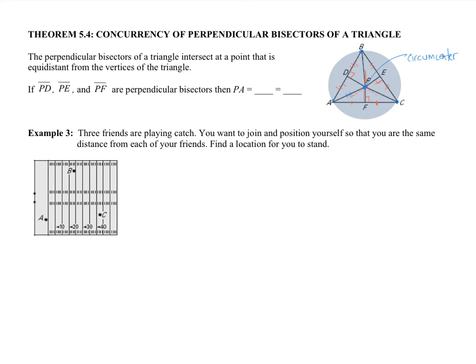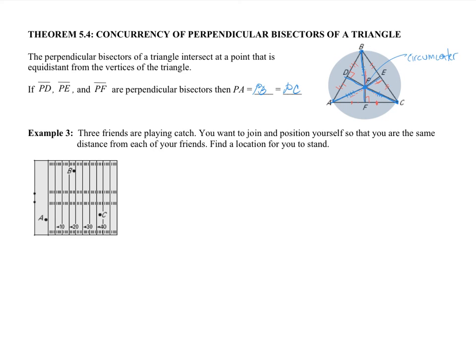So again, if PD, PE, and PF are the perpendicular bisectors, then PA is equal to PB and also equal to PC.